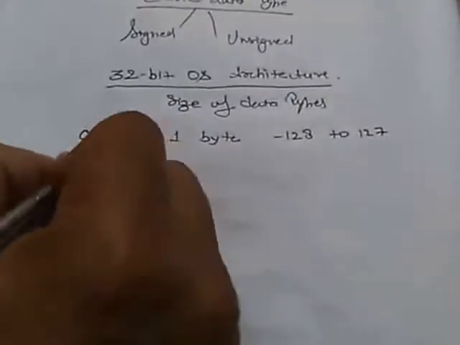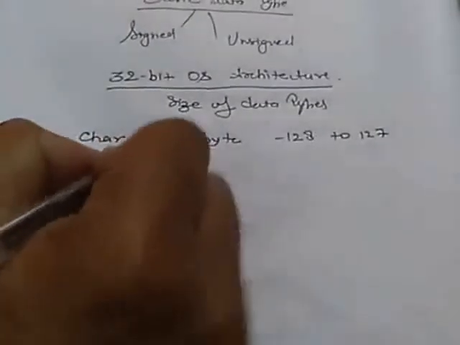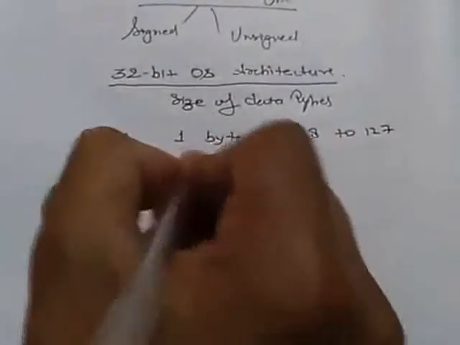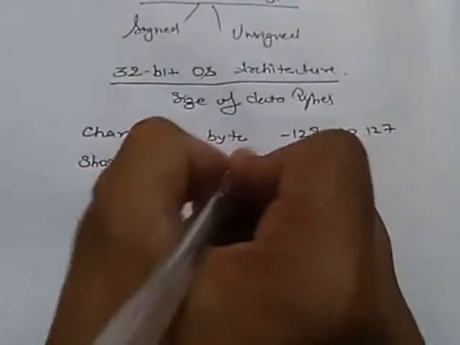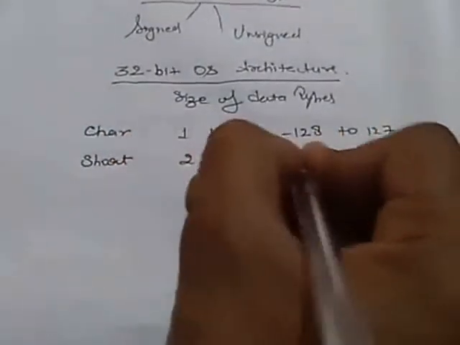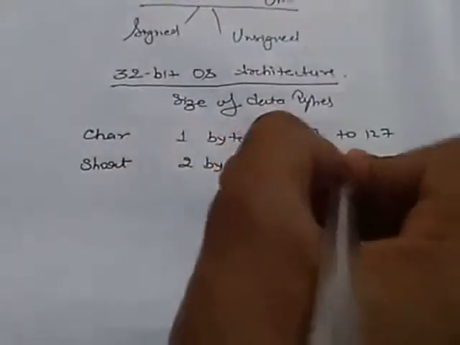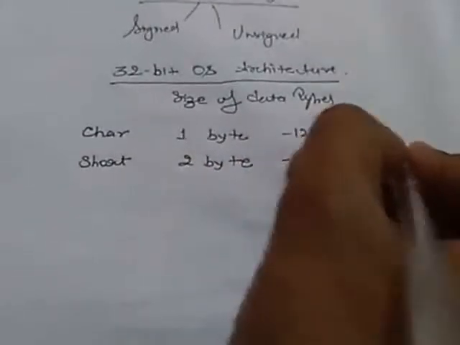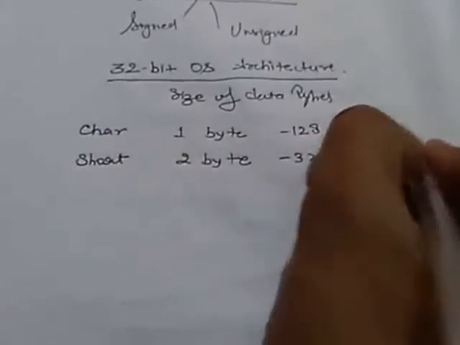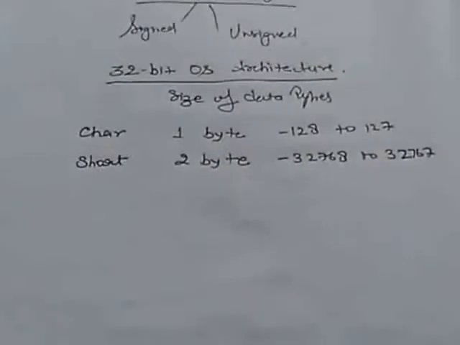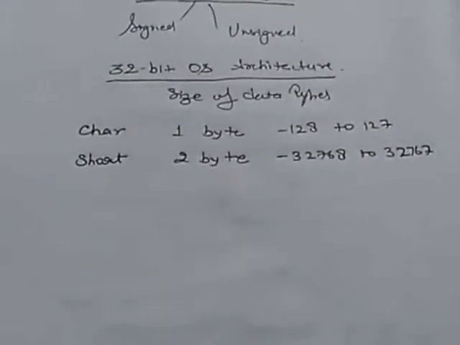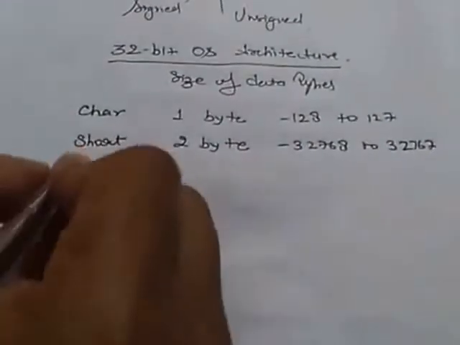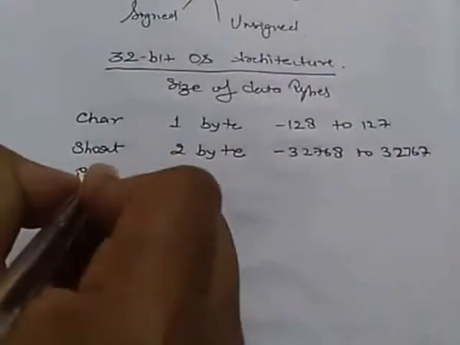Now another we have short that takes 2 bytes and its range is from -32768 to 32767. Now we have integer data type.